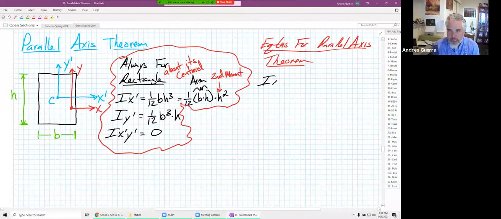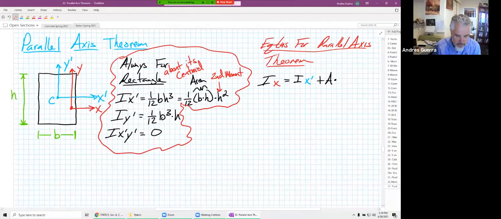So we can find, and I'm going to color code this, Ix, and so that would be the moment of inertia about the x-axis, is going to be equal to I times our x prime plus the area times the distance between x and x prime axis.